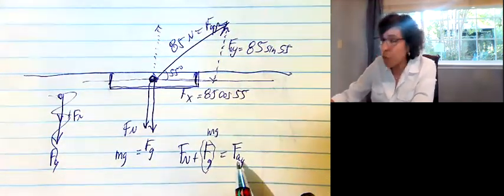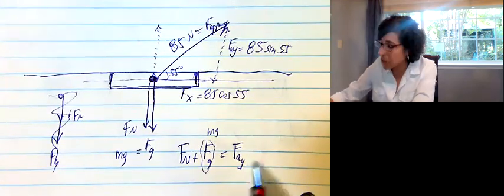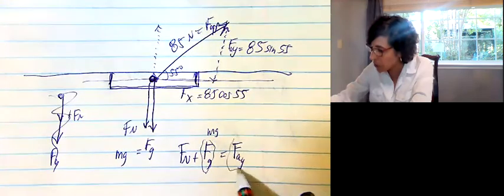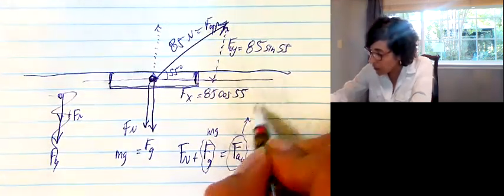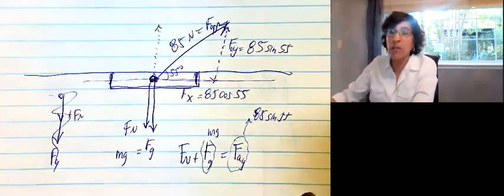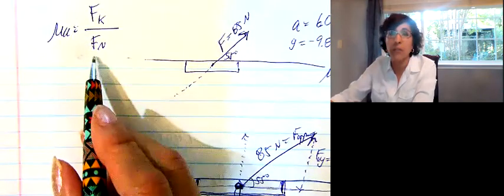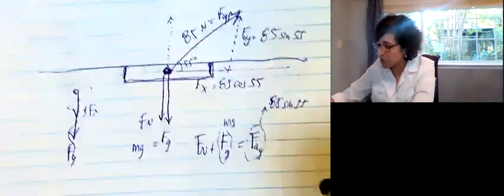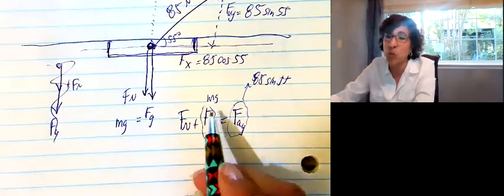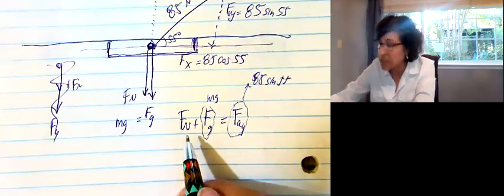Okay, the force applied in the y direction is 85 sine of 55. So this is just a number. You already know that one. We need to know the normal force. Why do we need it? Well, if we're going to figure out the coefficient of friction, I need to know what the normal force is. So I might just have to subtract this guy to have the normal force by itself.